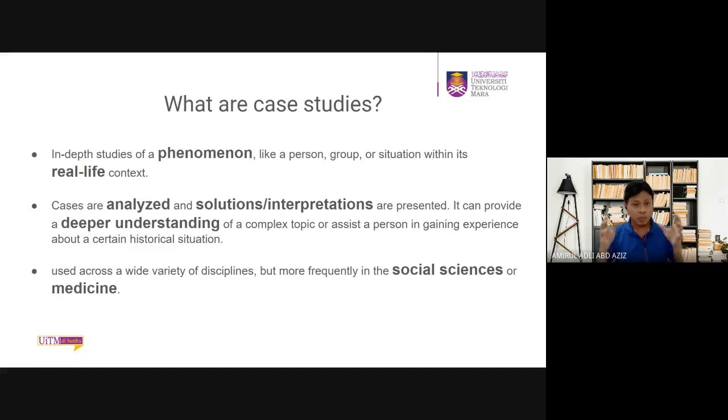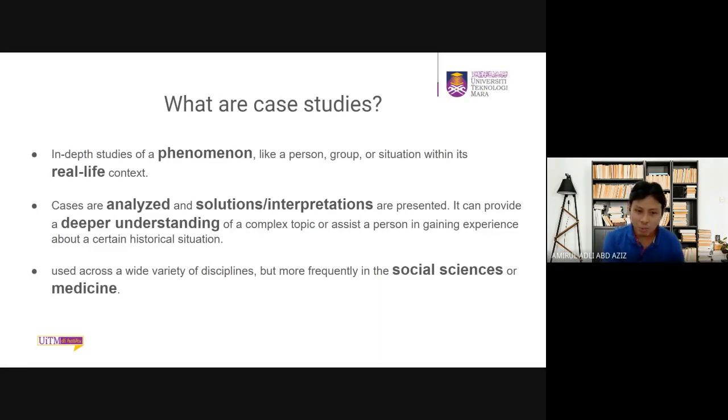Okay, it doesn't have to be current. You can generate a case based on a historical case. Basically, if you want to reopen a case, for example, police ni find unsolved cases from previous years.